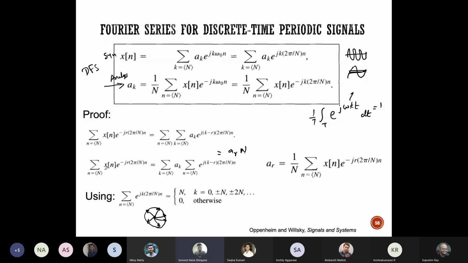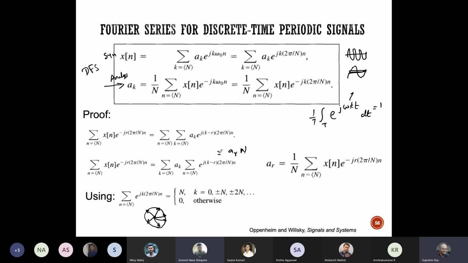Sir, again a dumb question. Here in the summation n equals 0 to N minus 1, e to the power j k minus r, that term gets converted into a_r N, right? That's right. The remaining part remains the summation of k.